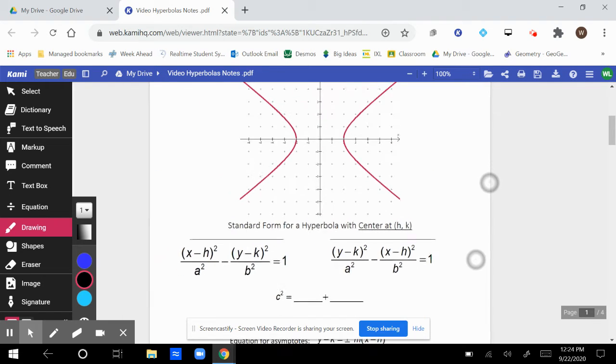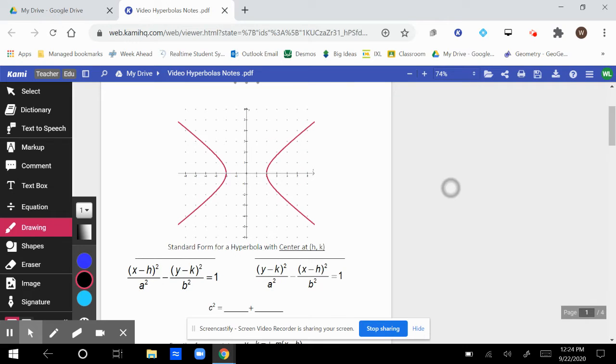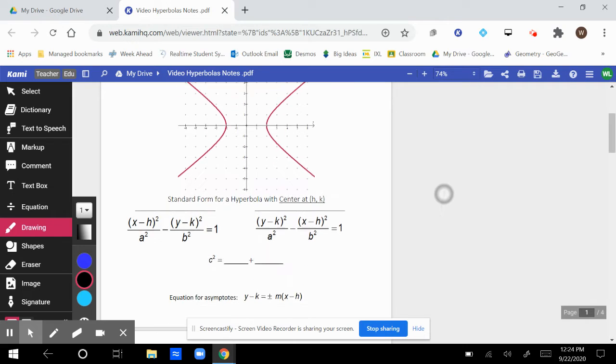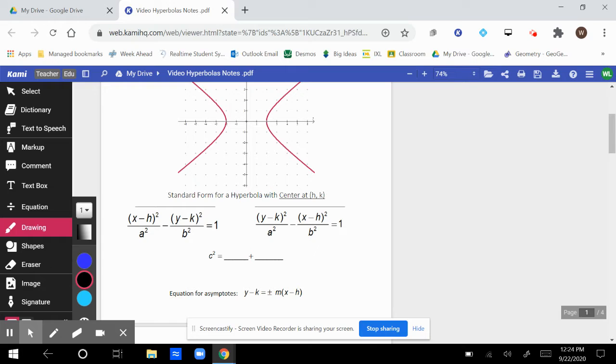Okay, so now standard form of a hyperbola. You'll see that the equation looks very similar to that of an ellipse. The center is at (h, k), that's exactly the same. The major difference that you should notice is that it's subtraction. There's a minus sign in the middle instead of a plus.